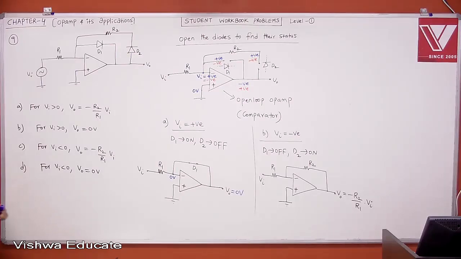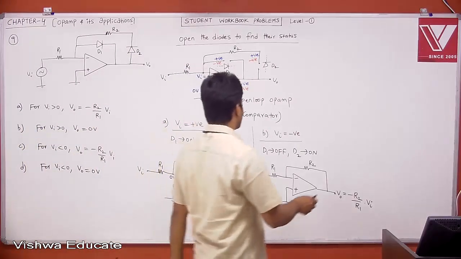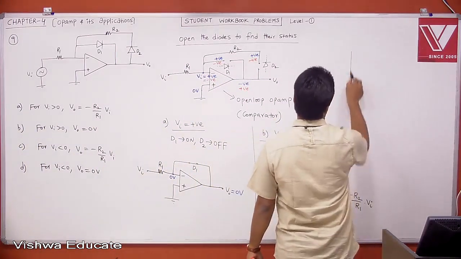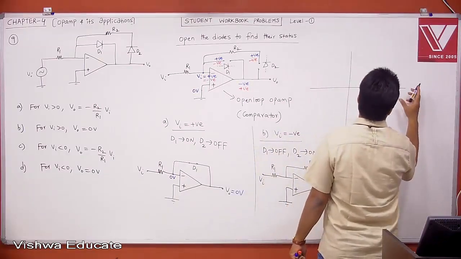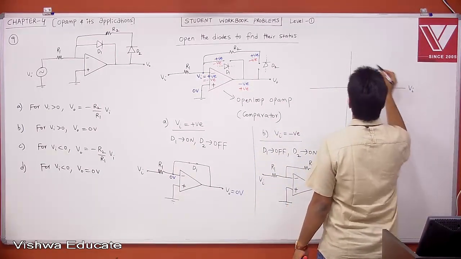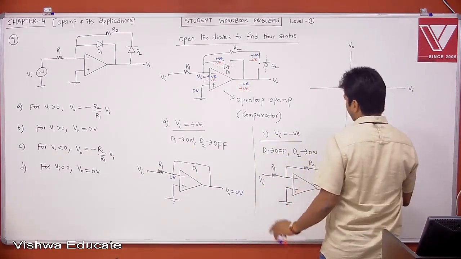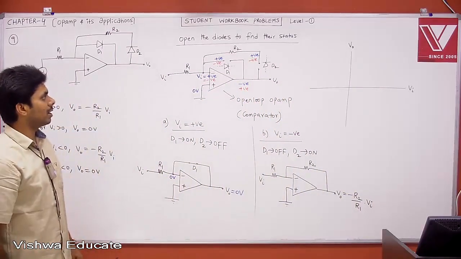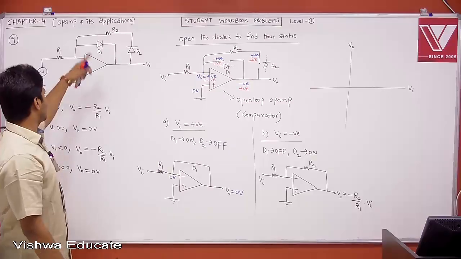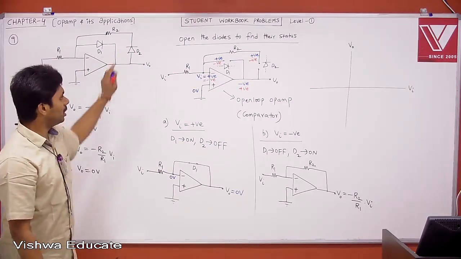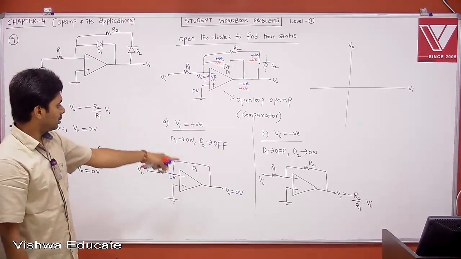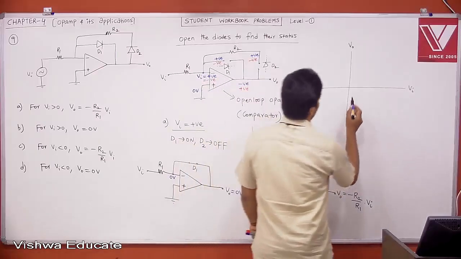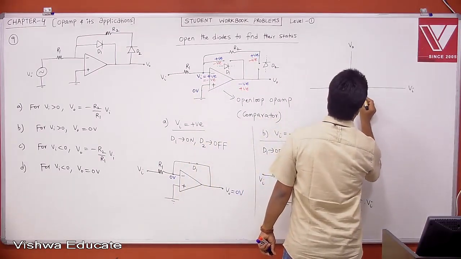If, instead of asking for the answer, you ask me for the transfer curve, the x-axis is Vi and the y-axis is V0. The problem is over, we can solve it, but I am just converting it into a graph. The graph represents the relation between Vi and V0. If Vi is positive, output is 0.